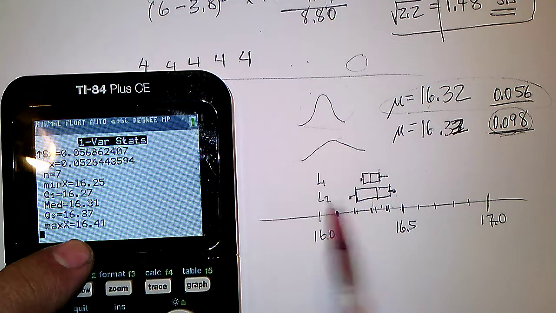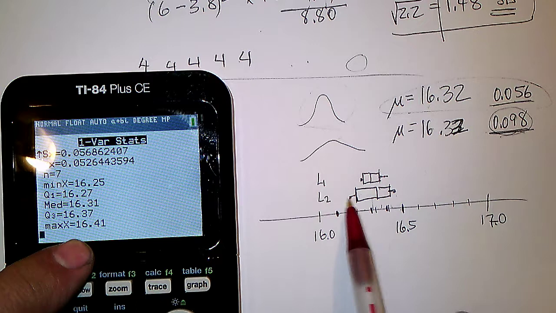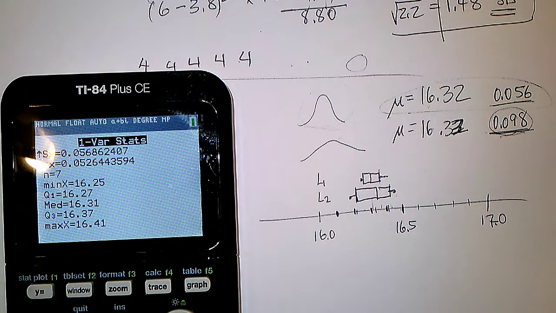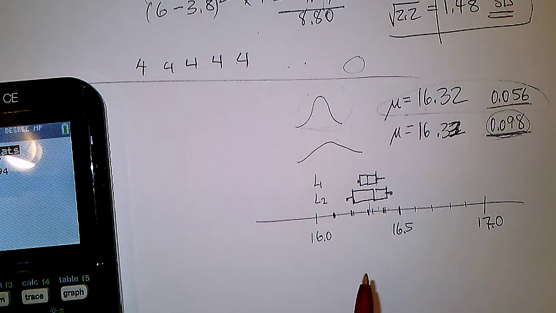So you can see how list 2 is spread out, as the standard deviation says, is spread out more than these. That one's got less of a spread on it. And then it says part C, what percentage of the ball bearings from each supplier meet the specifications?